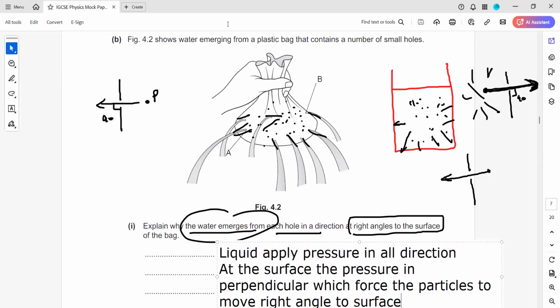So 1 mark here is for mentioning the liquid applies pressure in all directions. And 1 mark is for mentioning that the pressure at the surface is perpendicular, or 90 degrees.